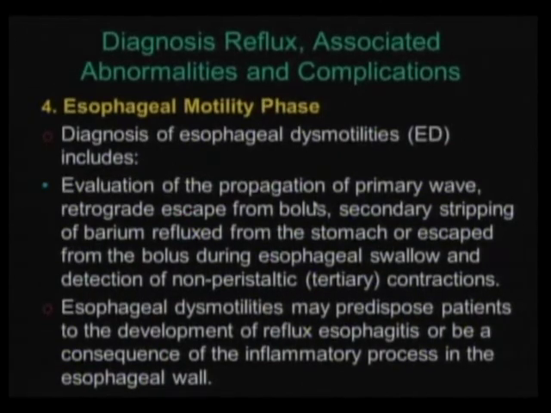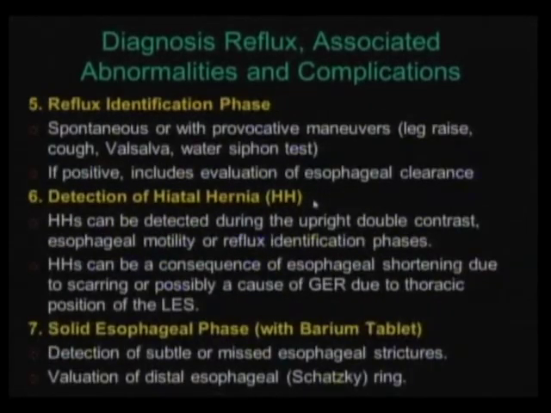Or in other cases, they could be the consequence of severe reflux, because severe reflux can produce an inflammatory process and damage of the esophageal wall, and this could be the cause of these motility disorders. What we know is that most of the patients with gastroesophageal reflux have an additional motility disorder of the esophagus. After that, we try to evaluate the reflux.